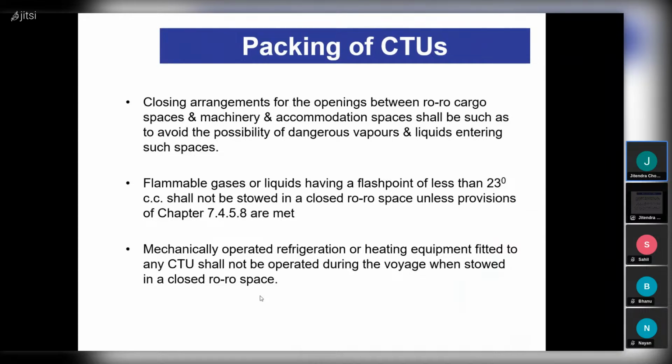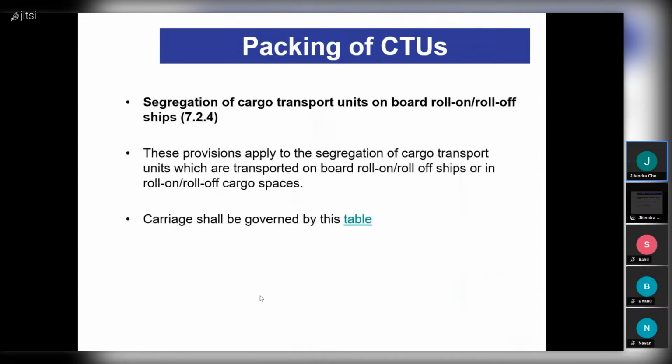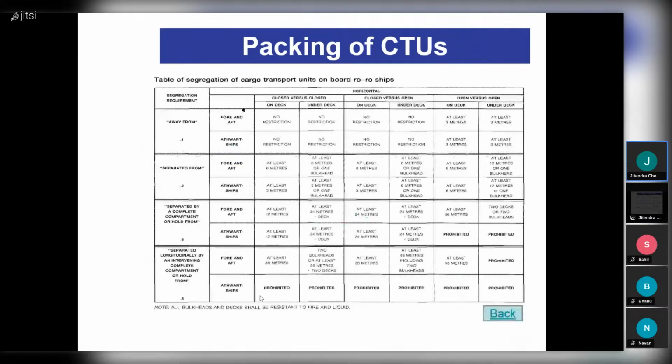Or if you have any heating equipment, heavy machinery, it should not be close to a CTU if it is not compatible. And segregation has to be as per the requirement of the dangerous goods list, such as away from, separated by a complete compartment, separated longitudinally.